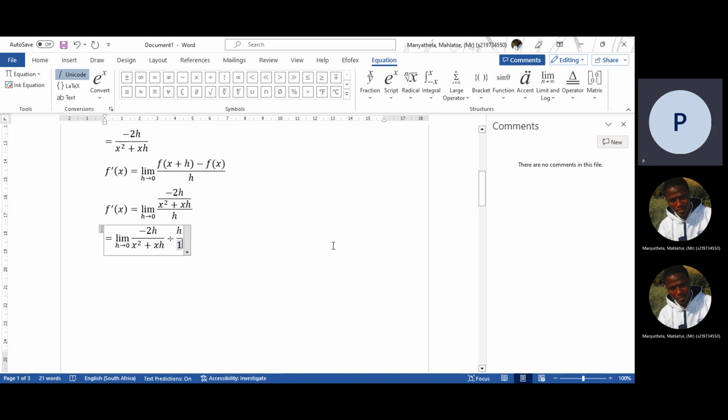So on the next step, I will change this division to multiplication. When I change division to multiplication, the denominator becomes the numerator, so h over 1 becomes 1 over h.